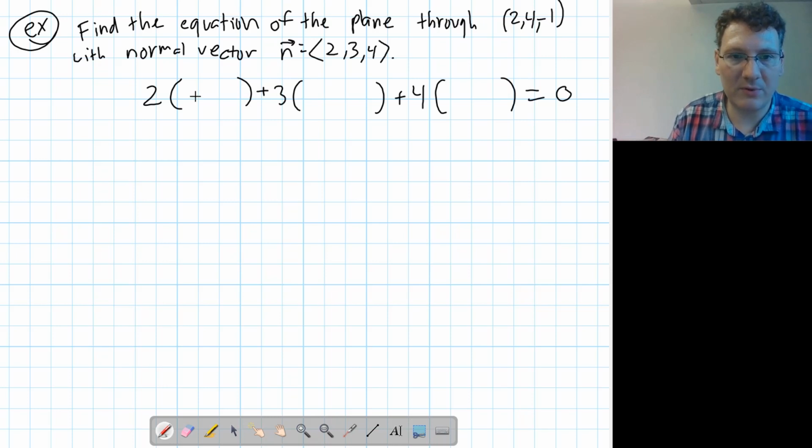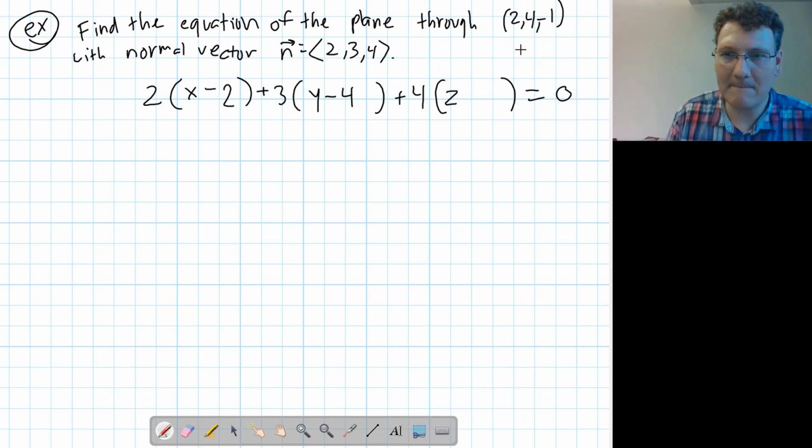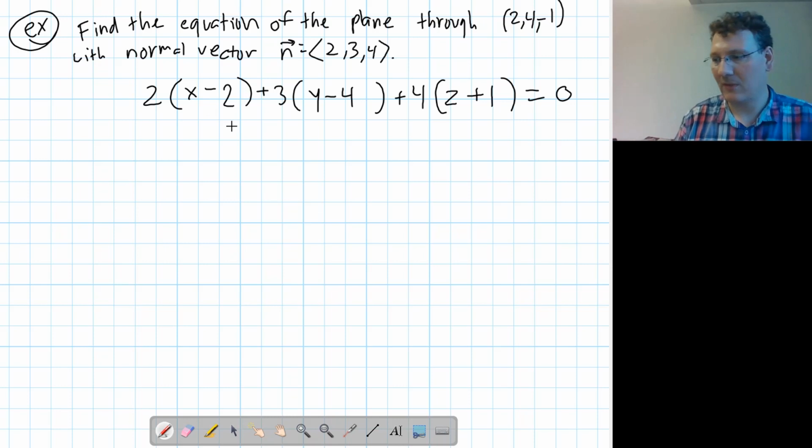And we're going to put inside, we have x minus the x coordinate of the point. We have y minus the y coordinate. The x coordinate of the point is 2. We have y minus the 4, which is the y coordinate of the point, and we have z minus a negative 1, which would give us a plus 1 for the z coordinate of the point.